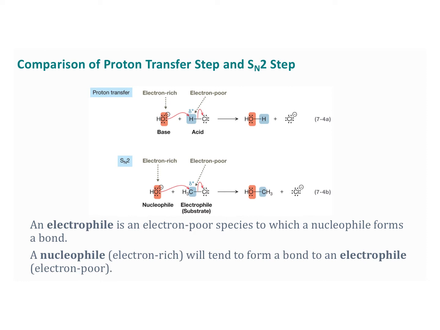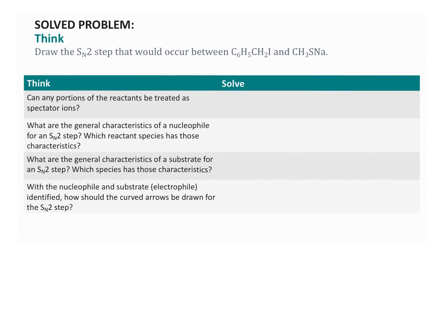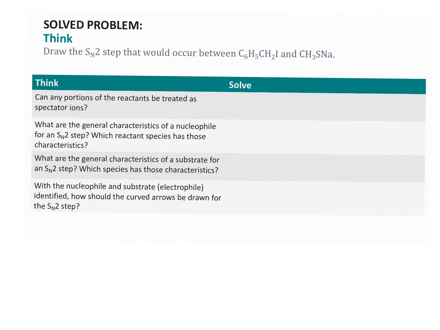Now, let's do an example problem. This example problem asks us to draw the SN2 step that would occur between C6H5CH2I and CH3SNa. So, as we go through and do this, we need to ask ourselves some questions. Can any portions of the reactants be treated as spectator ions?